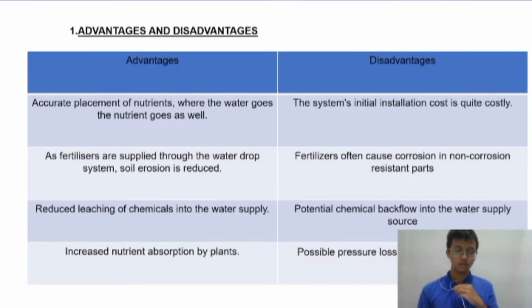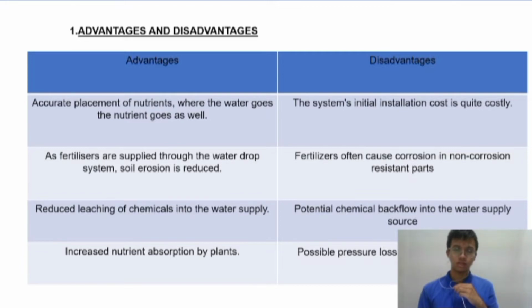The second one is, as fertilizer is supplied through the water drop system, soil erosion is reduced. Third point is reduced leaching of chemicals into the water supply. Lastly, increased nutrient absorption by the plant.